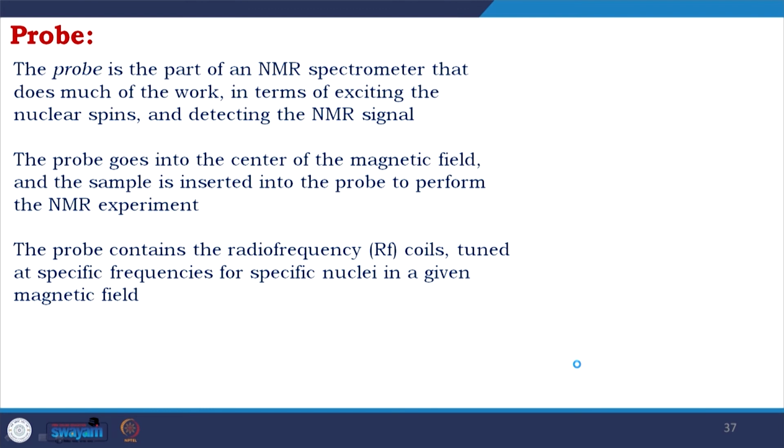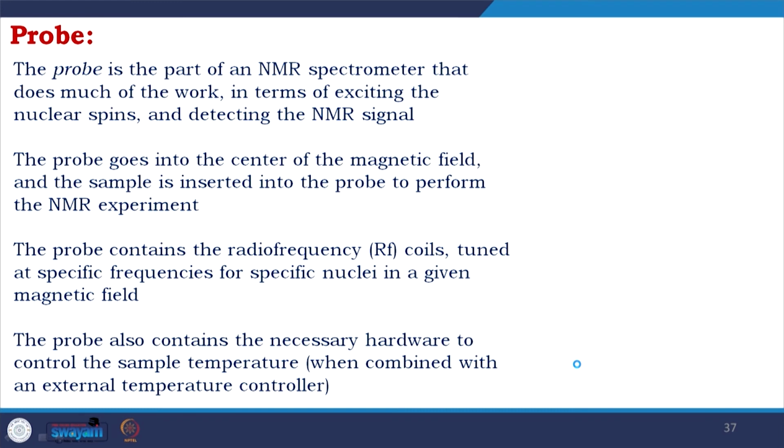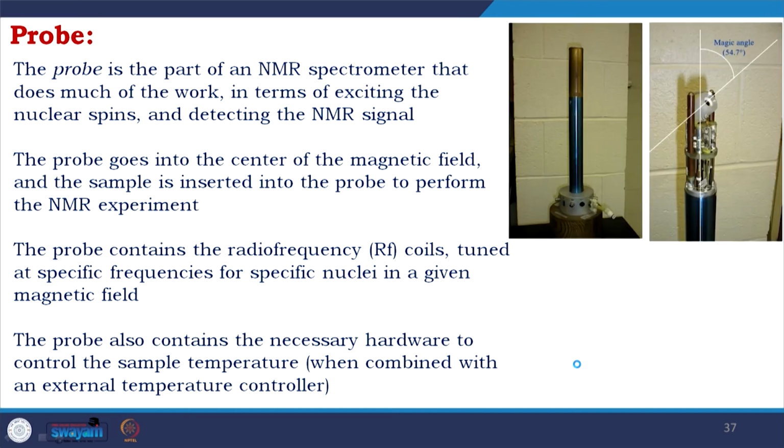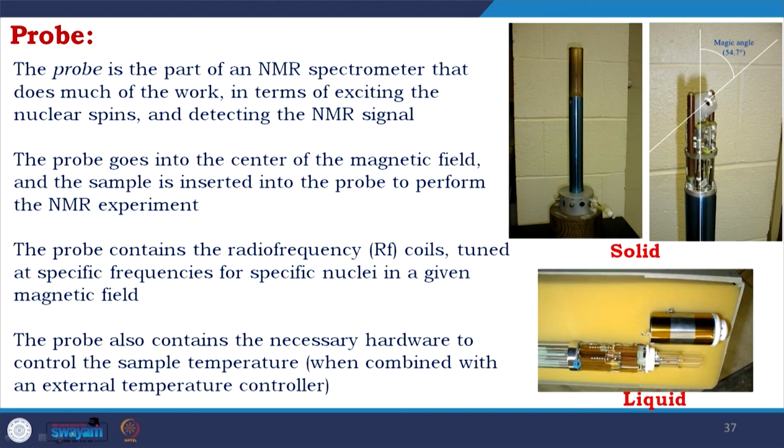The probe contains the radio frequency coils tuned at specific frequencies for specific nuclei in a given magnetic field. The probe also contains the necessary hardware to control the sample temperature when combined with an external temperature controller. So, these are probes which are used for solid state and these are probes which are used for liquid.